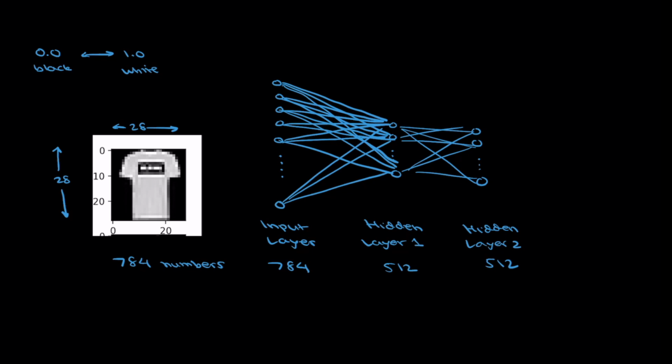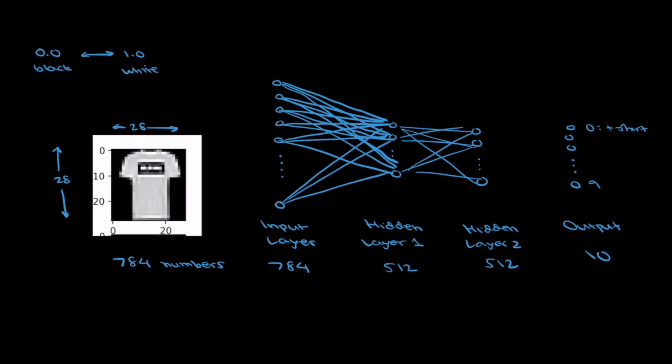And the most important thing to think about is what our output layer is supposed to look like. Well, we know that we have 10 classes of images. We have images that could be a t-shirt, a dress, a shoe. So we have 10 possible labels, and we need 10 neurons to represent that output. If this one lights up, we know it's going to be a t-shirt.